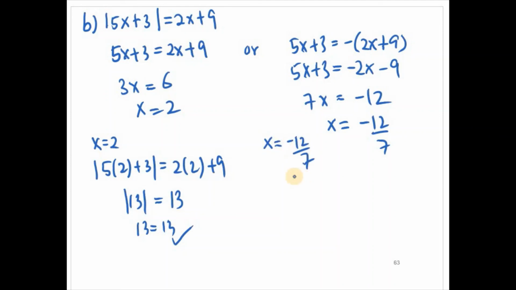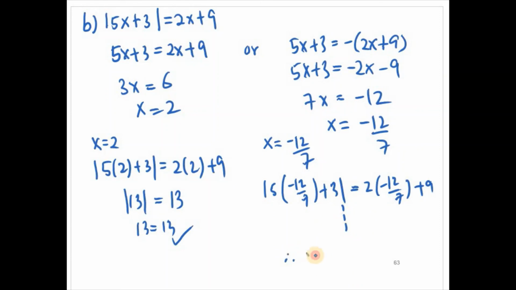Why don't you try to check whether x equals negative 12 over 7 satisfies the question. Okay. For B, x equals negative 12 over 7 satisfies. So the answer is x equals 2 and x equals negative 12 over 7.